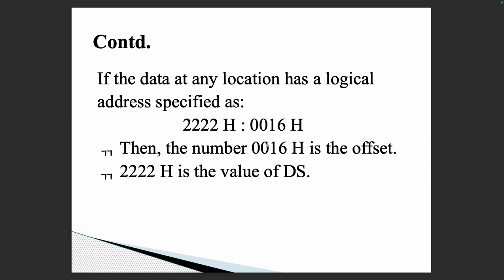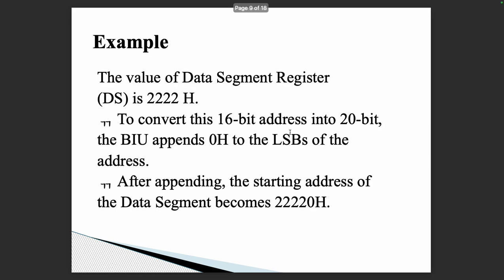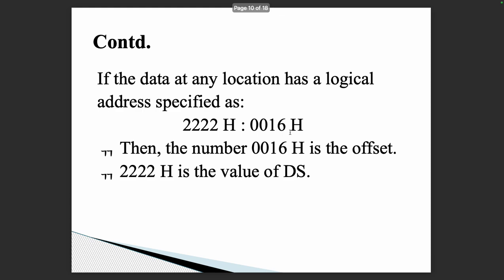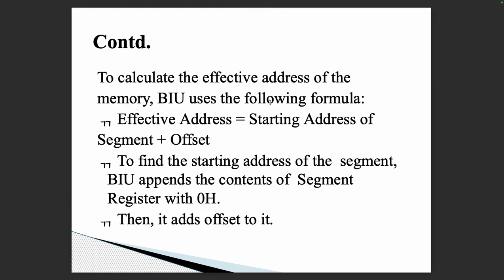So how will I calculate the address? I will multiply it with 10, make it 22220 and then add this 16, right? समझ आ रहा है? Yes, sir. So effective address will be starting address of the base segment plus offset.